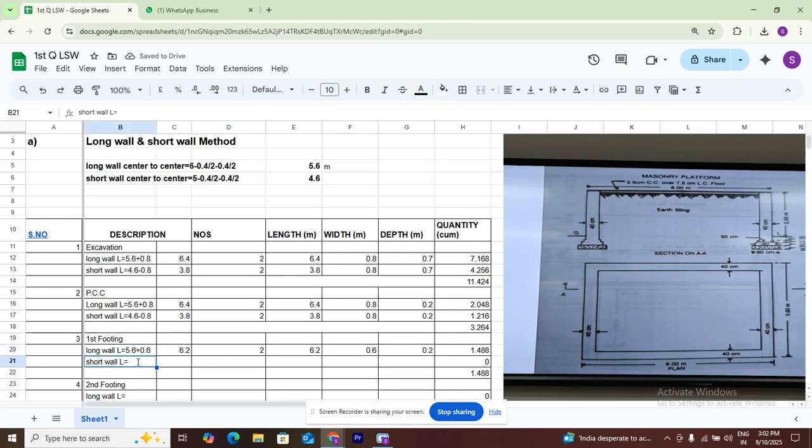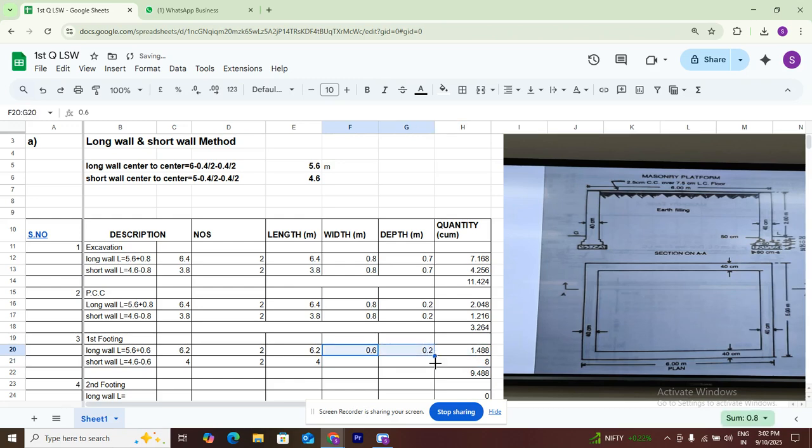For the short wall, center to center is 4.6. We are adding in the long wall, so we deduct in the short wall. 4.6 minus 0.6. Number of walls, two short walls. Okay, thickness will be the same without the footing and depth will remain the same.